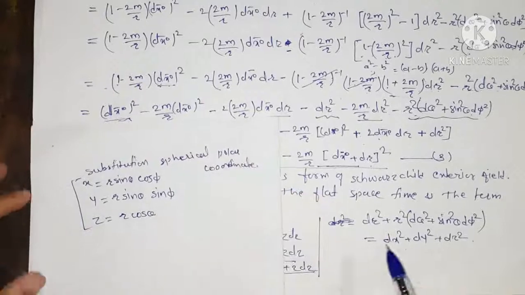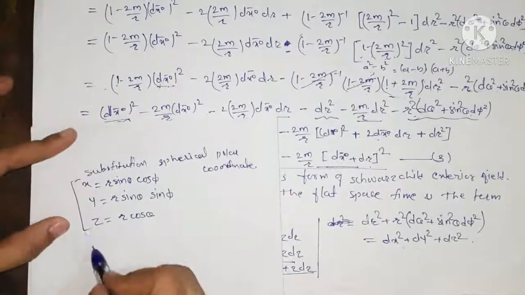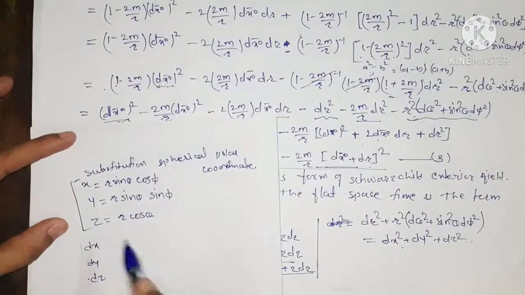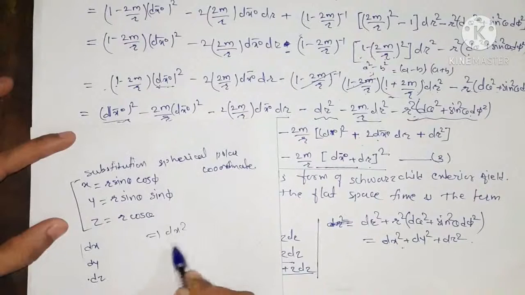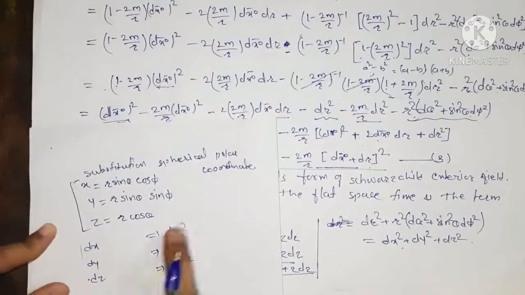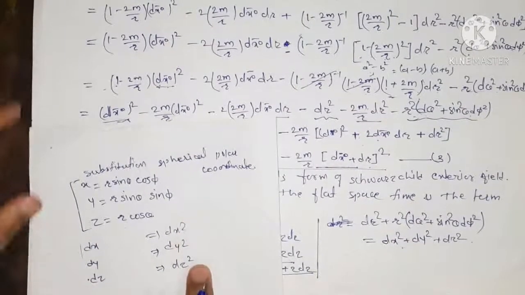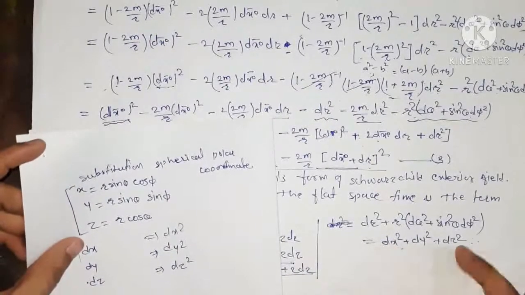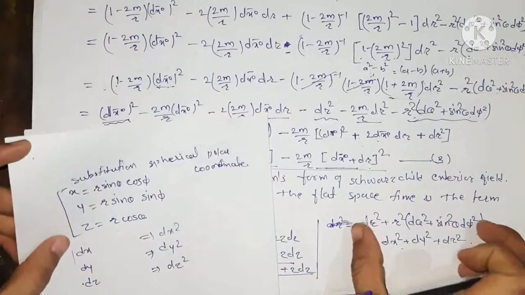You can verify here that if we differentiate, that is, find dx, dy and dz, take the squares of dx square, dy square, dz square and sum them, then we get this term.